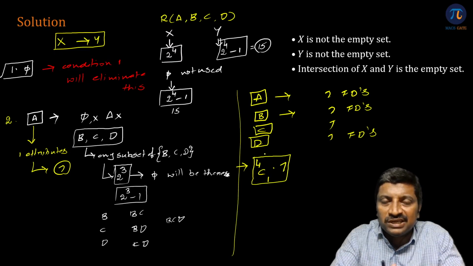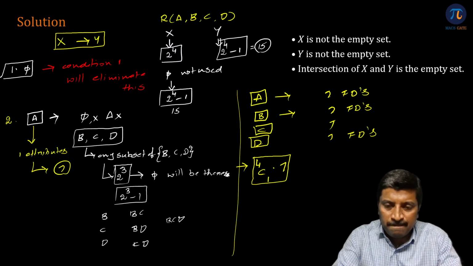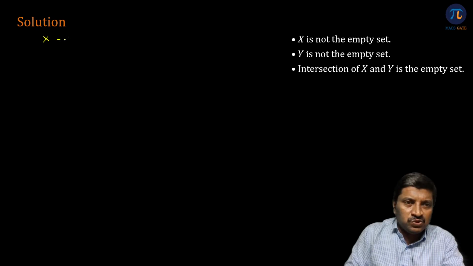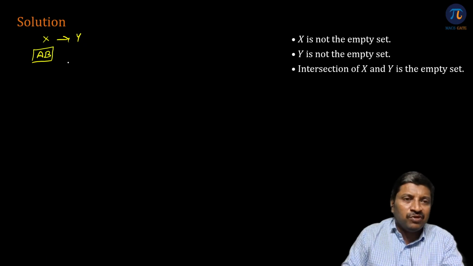Now let us consider the case in which I have 2 attributes on the left side. So X goes to Y. This time I write 2, let us suppose A comma B. These 2 I should not use on the right side. Then what else can you use?